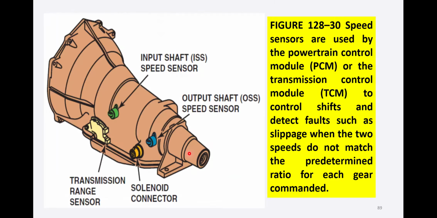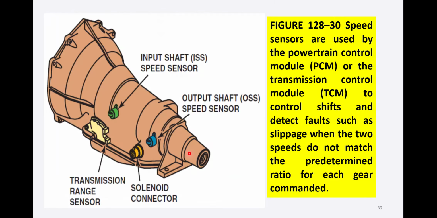Now, as we know, this is the transaxle we have. This is the input shaft speed sensor here in the front, and at the rear we have the output shaft speed sensor. And this is the solenoid connector and the transmission range sensor, which we have seen here. The speed sensors are used by the powertrain control module.